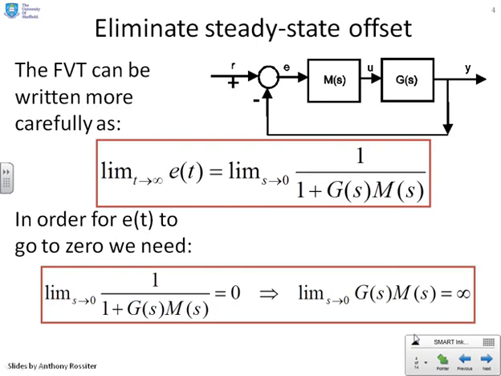And this implies, the most significant observation, that the limit as s goes to 0 of G(s)M(s) has to be infinite. That's the only way you can get a 0 out of this formula, by making the denominator infinity, and that means that either the limit as s goes to 0 of G or M has to be infinity.